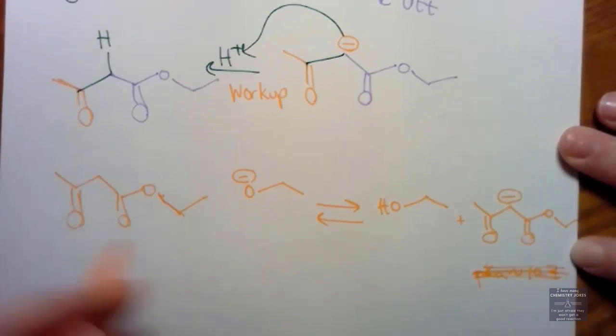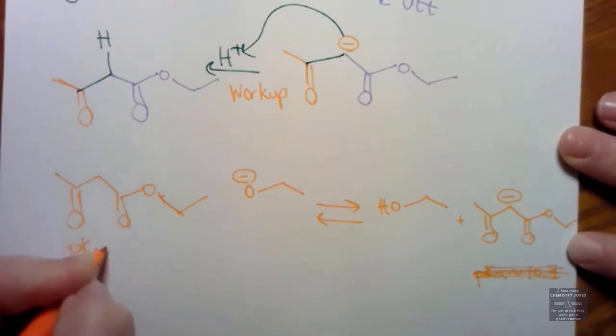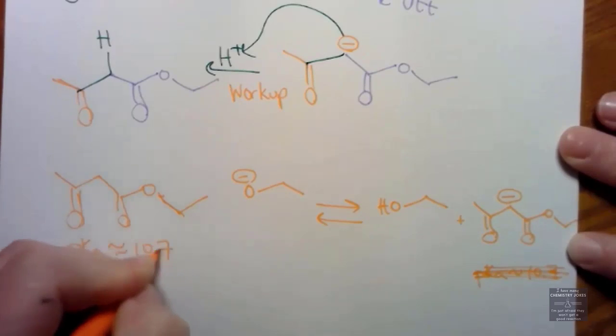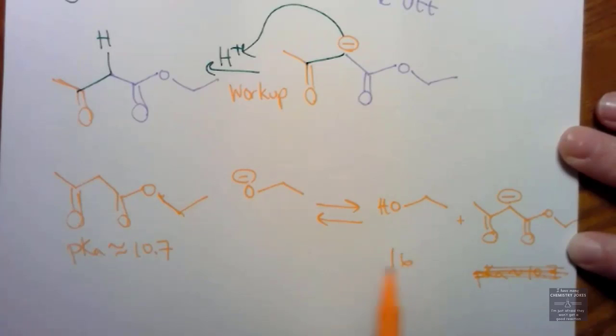Sorry. A beta diketo compound has a pKa around 10.7, and ethanol has a pKa around 16.